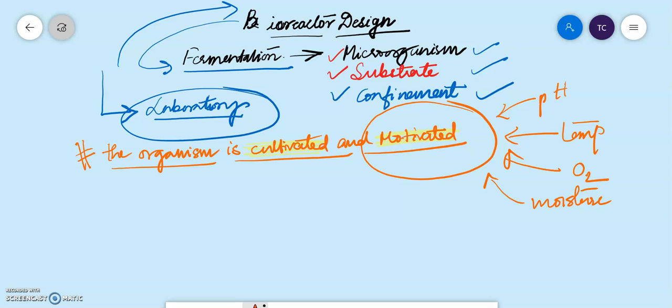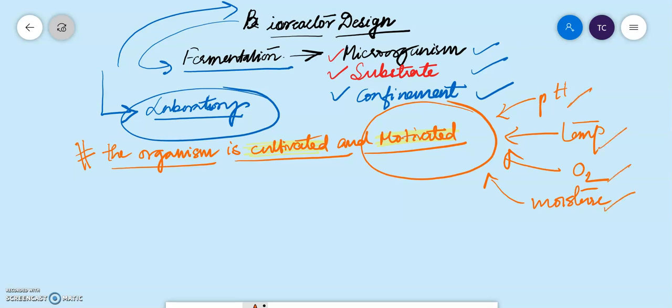And that is why they will be proliferated, motivated to grow, motivated to multiply, and in a very short interval of time you will get a huge number of microorganisms and your product in no time, right? Because you have to have your industrially important compound in a very short interval of time and in optimum amount, and that will add to the economic benefit of the industry. So you have to keep in mind all these factors.